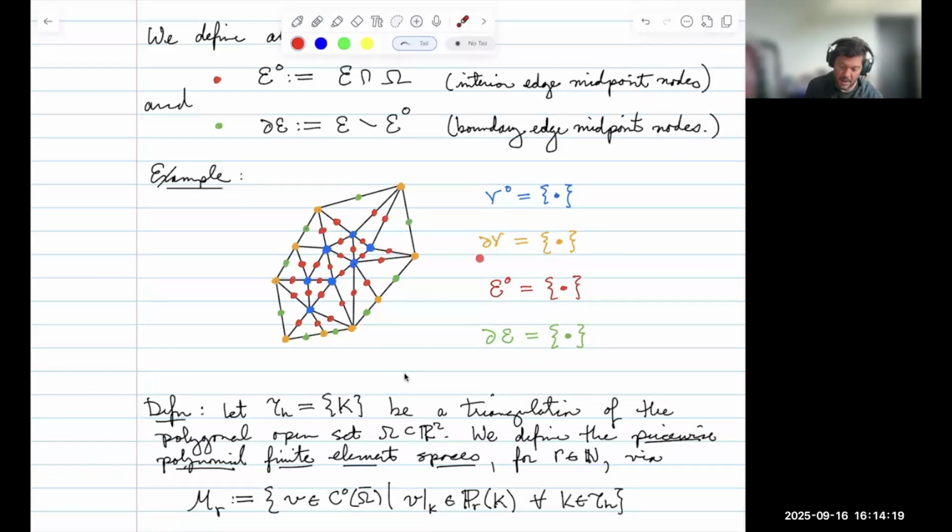The set of all boundary vertices are the orange points. The set of all interior edge midpoints are the red points. And the set of all boundary edge midpoints are the green points. Those sets are useful to have distinguished from each other.